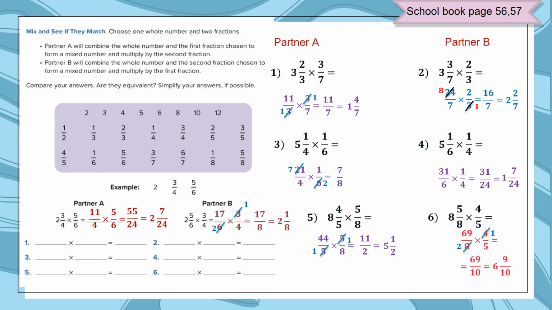Then multiply, it will be 69 over 10. 69 over 10, 60 over 10 means 6, so we have 6 whole and remainder 9. So it will be 6 and 9 over 10. And the answer here is not equivalent. The two answers of the first operation and the second operation are not equivalent.